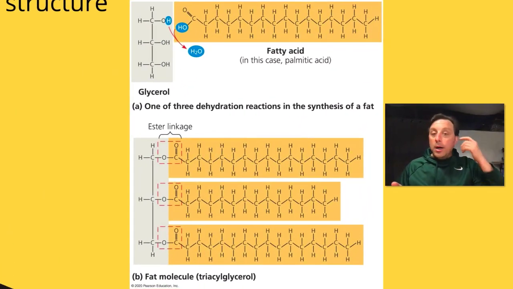For example, one very common form of a lipid is a fat, a triglycerol, which means that there are three fatty acid molecules bound to one glycerol molecule. And as you see here, those are bound with a dehydration reaction: a hydroxyl group, OH, coming together, forming water. Water comes out and a covalent bond is formed, and we see the covalent bond highlighted there as the ester linkage.